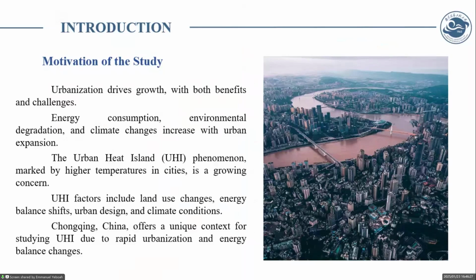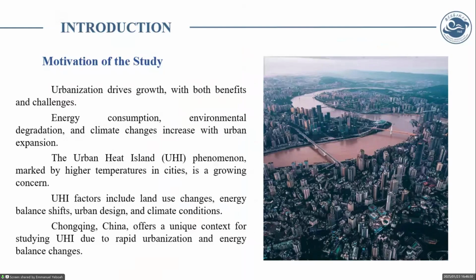As most of us know, UHI is expected to be more prominent in arid areas due to their geographical positioning. But there's a case whereby mid-latitude regions are actually experiencing UHIs, which is unusual, and that piques our interest.